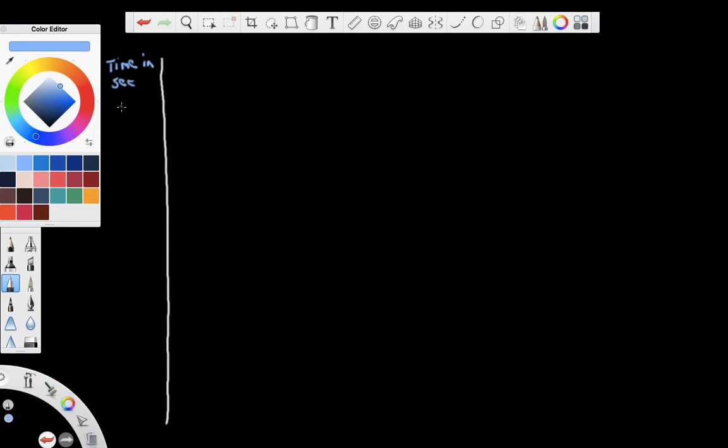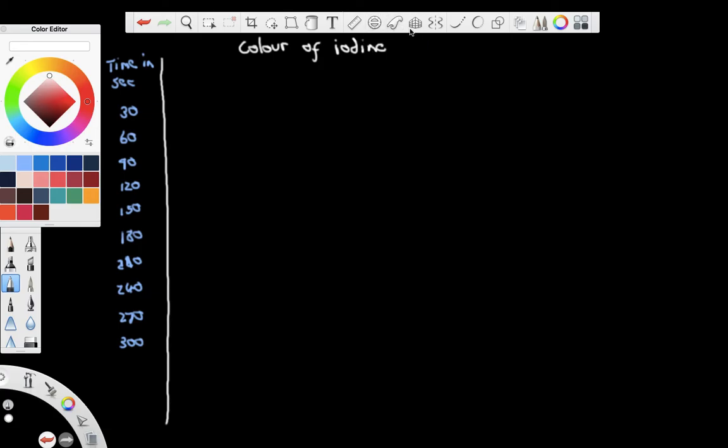In fact, we'll just put this in, save changing the pen again in a minute. 30, 60, 90, 120, 150, 180, 210, 240, 270, 300. Along the top, we're going to have our colour of iodine solution.